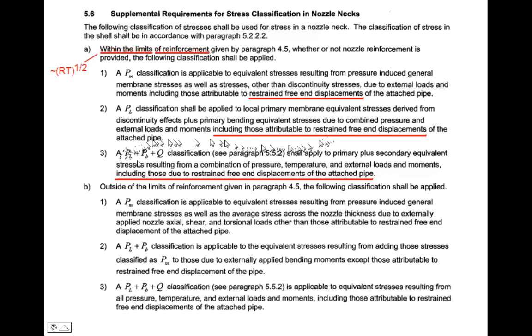Then we also have a PL plus PB plus Q classification, which we saw, that includes the effect of the restrained free end displacements of the piping system, i.e. thermal expansion. So according to 5.6 of the 2007 Division 2 code, the PL classification must include the restrained free end displacements of the attached pipe, which is typically considered the thermal expansion of the piping system, or the thermal stresses in the piping system.